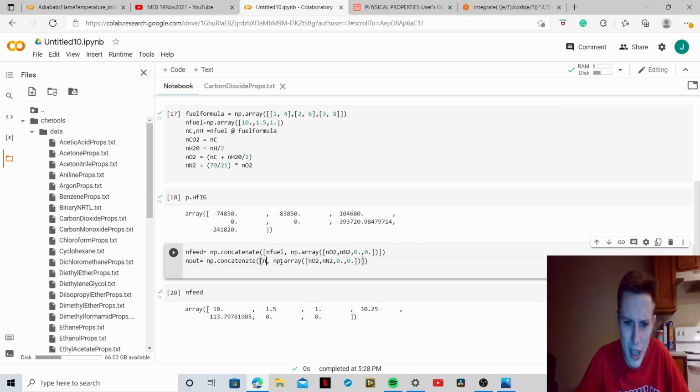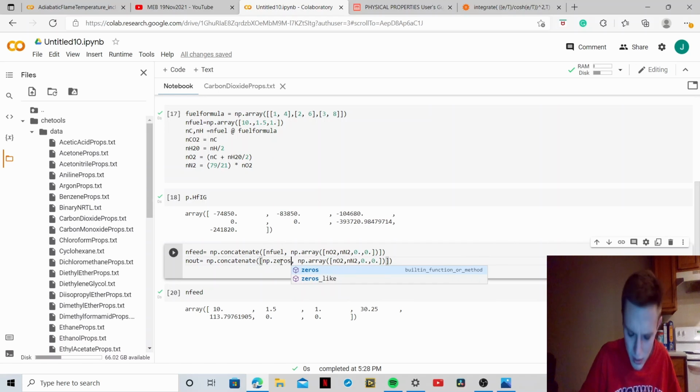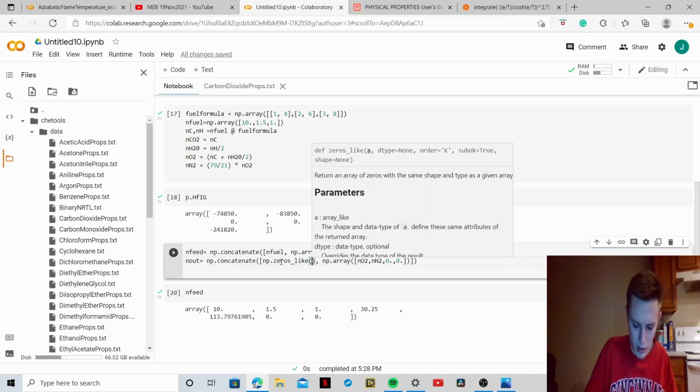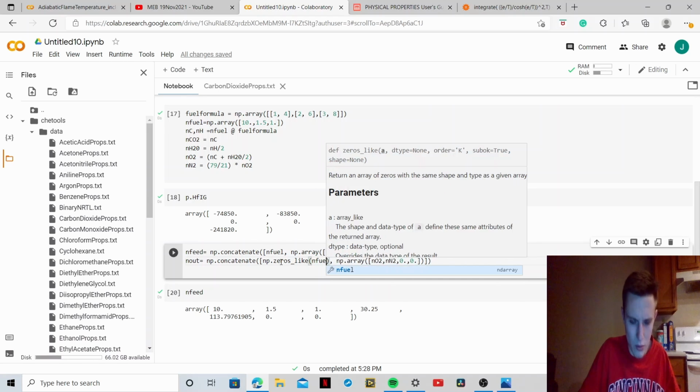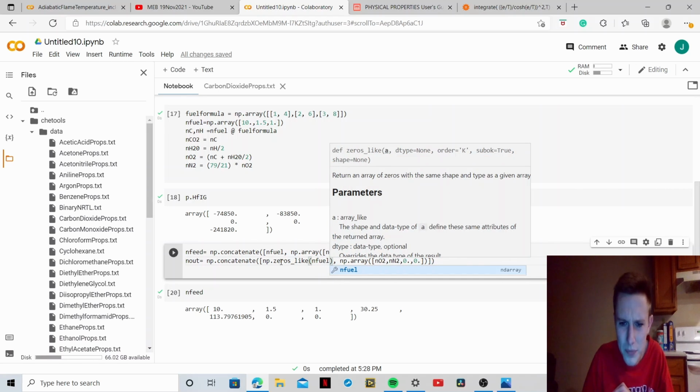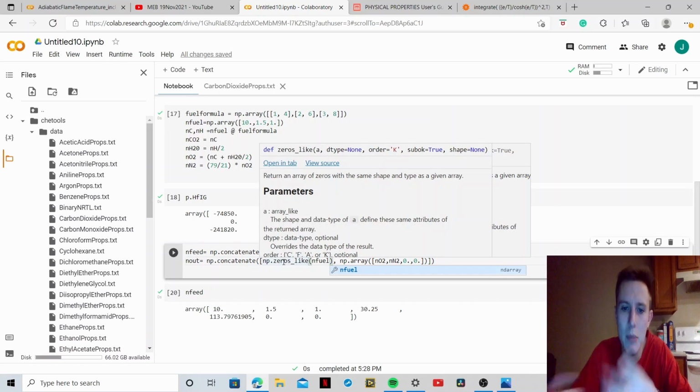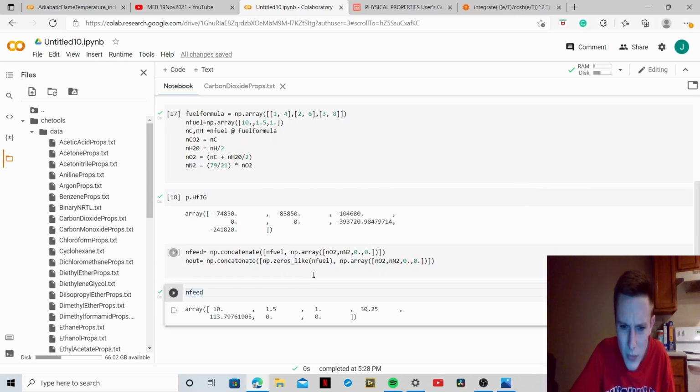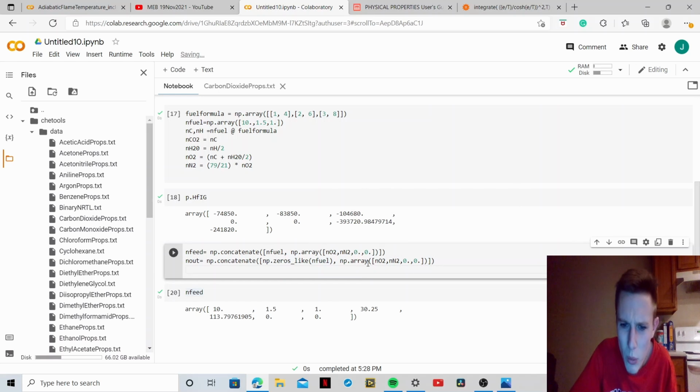So it's going to be a similar thing: np.zeros like our in fuel. This will create a list of zeros that is the same shape as our original in fuel. And we'll leave that there, and then we will want to change a few things.